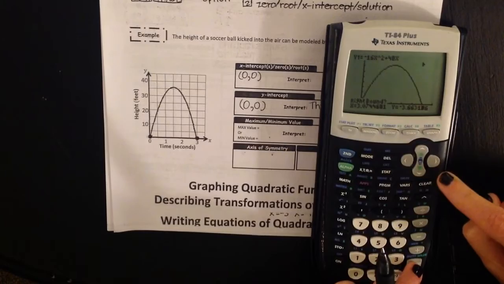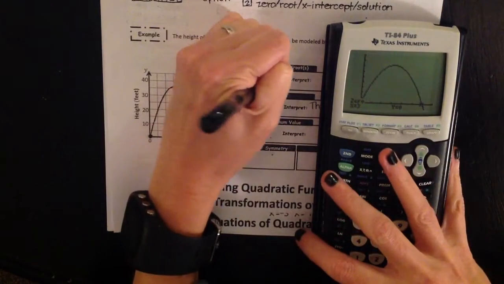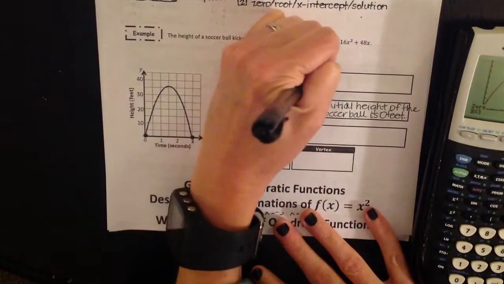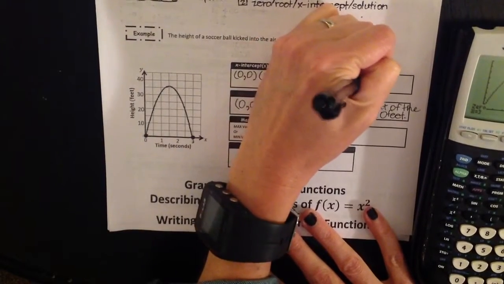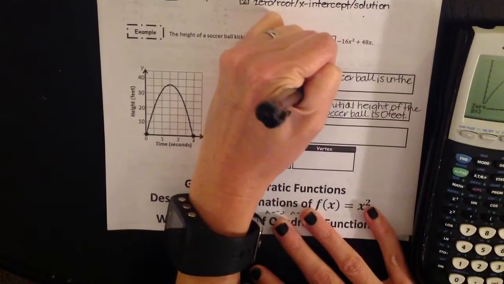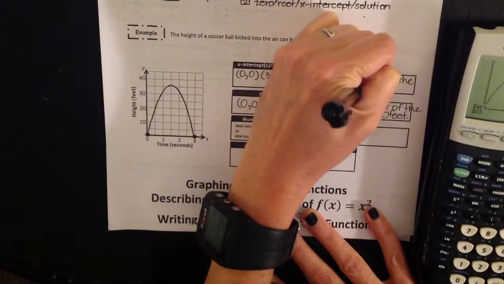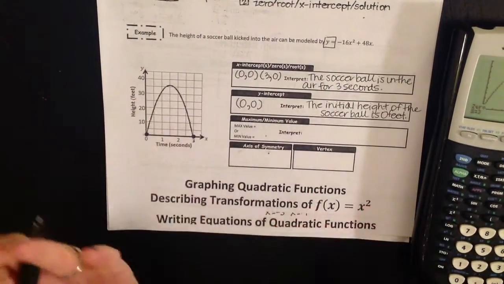Now I'm going to lock into the right, and it may disappear off the screen. That's okay. And the other one is at 3, 0. So it tells me that the soccer ball is in the air for 3 seconds. You could also think of it as it takes 3 seconds for the soccer ball to come back to the ground.